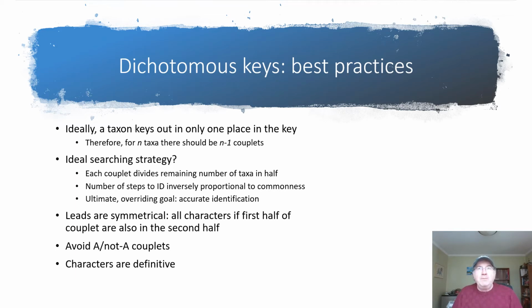That raises a problem that I always check for when I review taxonomic papers that have identification keys in them, and that is: is each lead in the couplet symmetrical? Does each half of the couplet talk about all of the same characters?